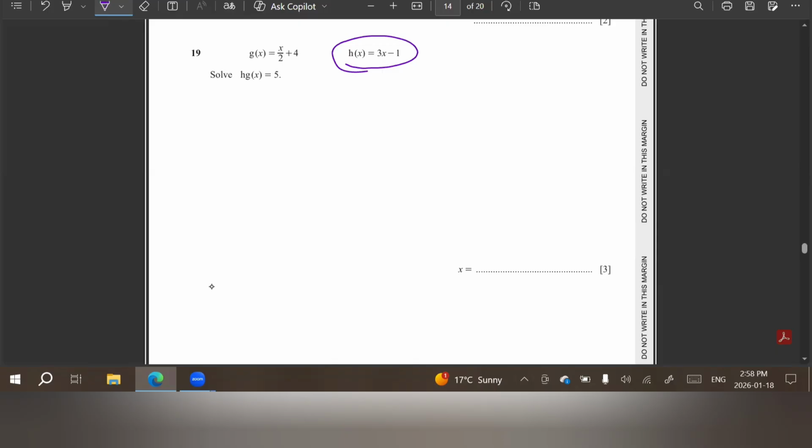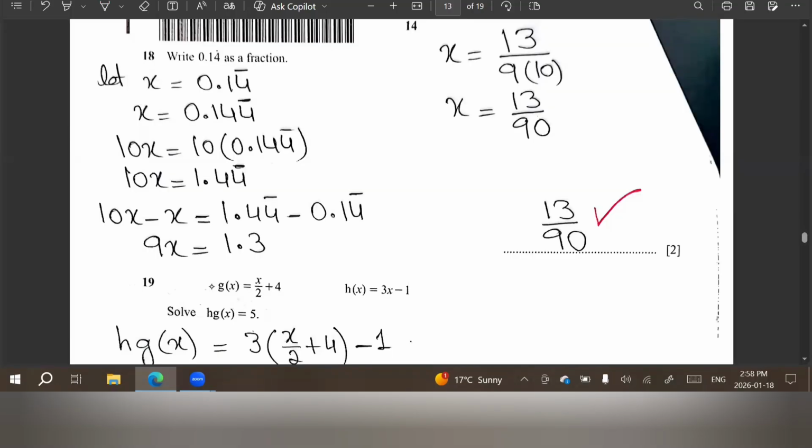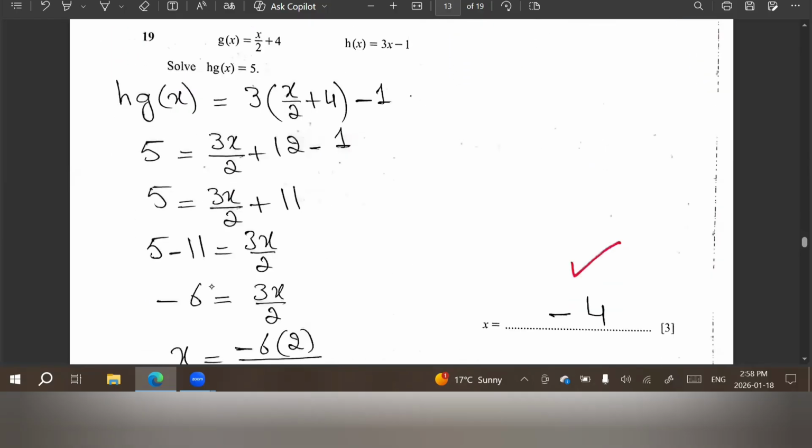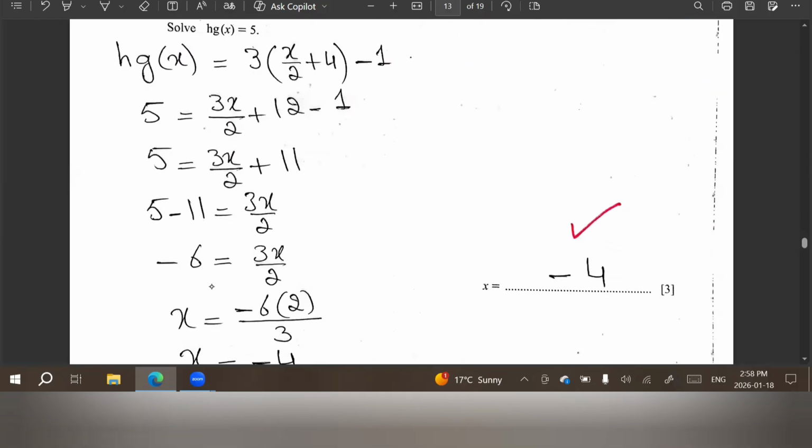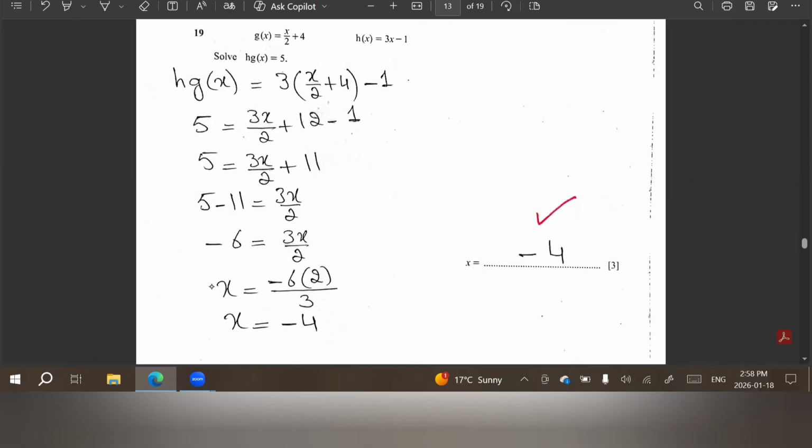Then you will make it equal to 5, and from there you can find the value of x. So hg of x will be equal to 3, and wherever there is x, I will put this value. That will be substituted by this. So 3 bracket x by 2 plus 4 bracket close minus 1. So this will become 3x by 2 plus 12 minus 1.